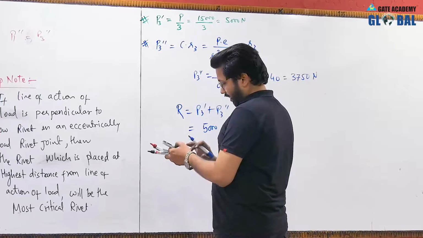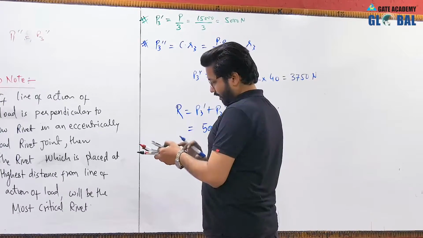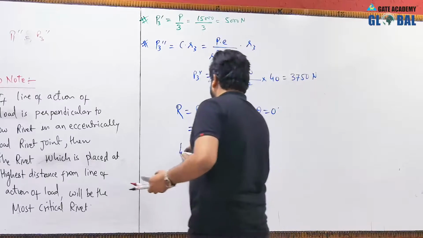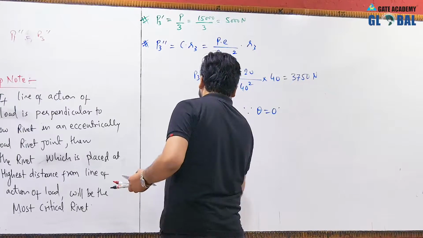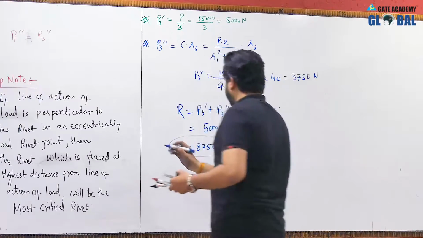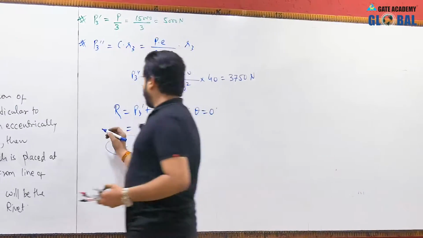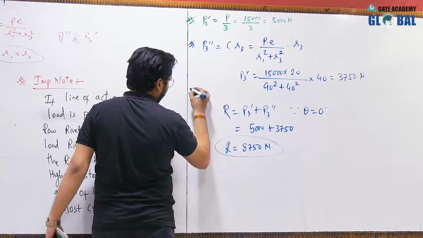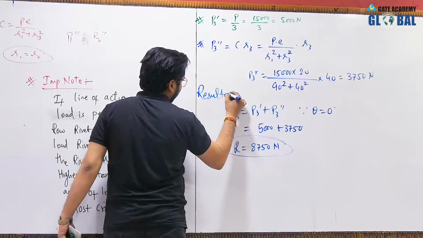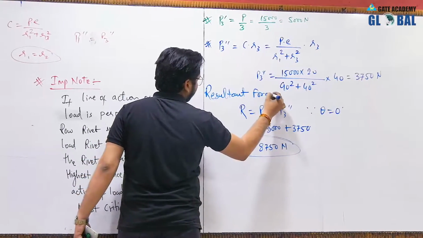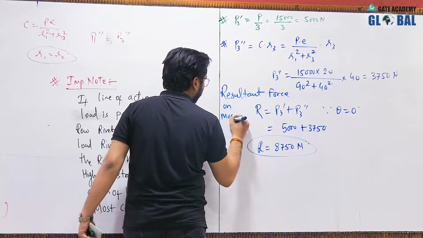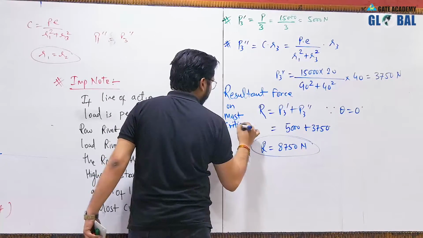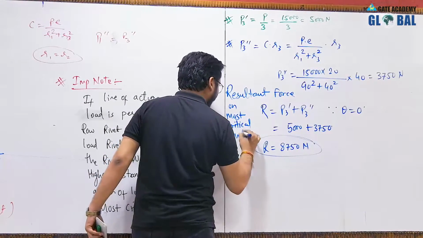So 5000 plus 3750, R equals 8750 Newton. This is the resultant force on the most critical rivet.